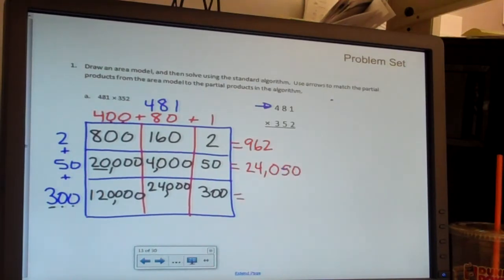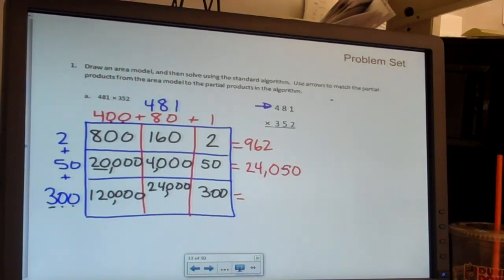And the last one, 120,000 plus 24,000 plus 300. Mary, what do you think? 36,300.